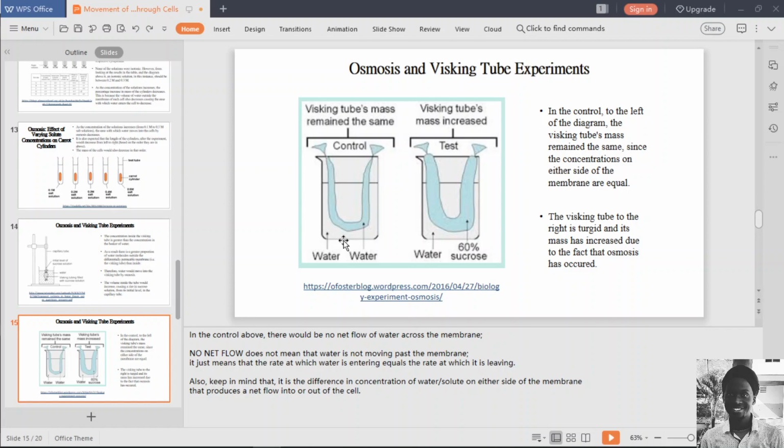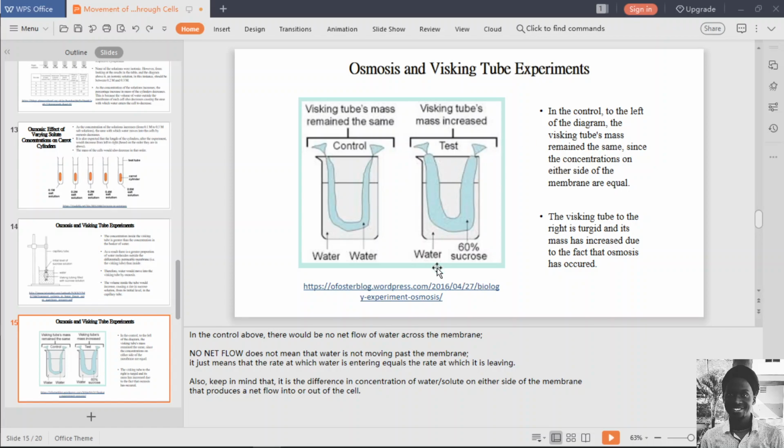It just means that the rate at which water entered equals the rate at which water left. So the same amount of water that entered the membrane was the same amount of water that left, and because of that, there was no net flow of water across the membrane, and the mass of the whisking tube remained the same at the end of the experiment.